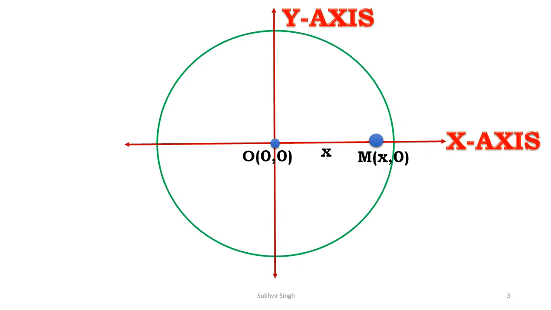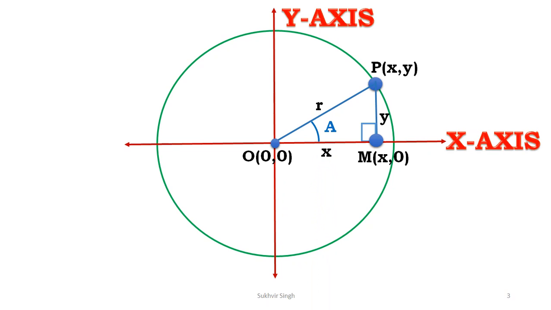Then the coordinates will be (x, 0). Draw one perpendicular. Then clearly the point P has coordinates x and y. Join OP. Let radius be r and let the angle be A.